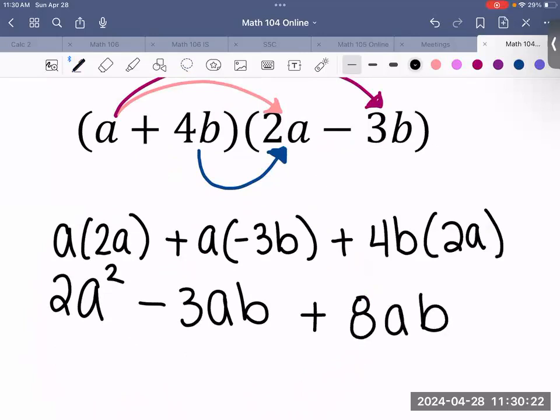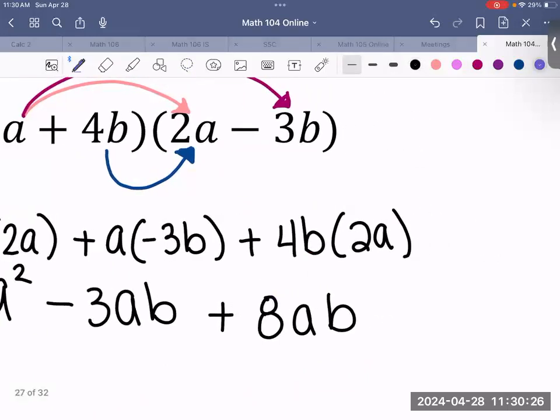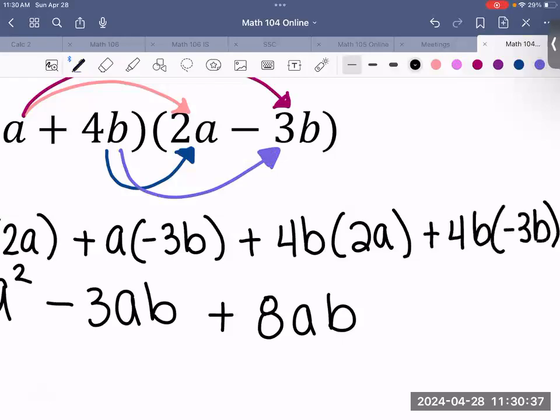B times A is the same thing as A times B. And last, we have your two last terms. 4B times a negative 3B, negative 12B squared.